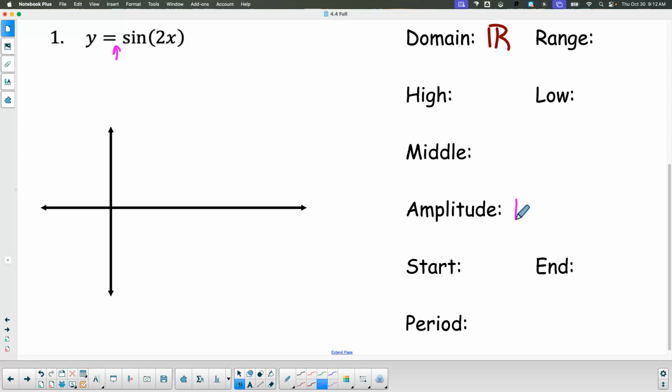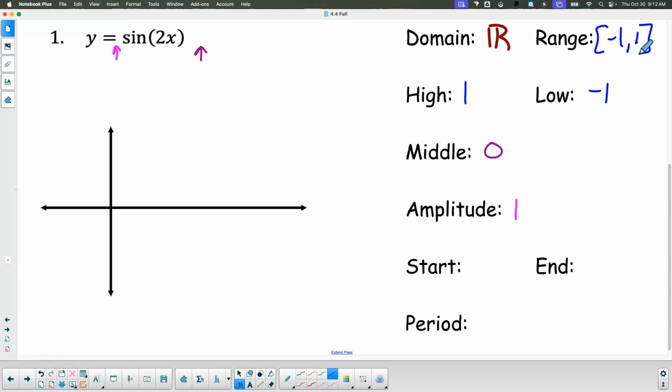The period is 2. The period is not 2. No? So where's my middle? How do you know that? Nothing, there's no d value. Yep, so there's nothing out here. So my middle is 0, which then puts my high at 1, low at -1.